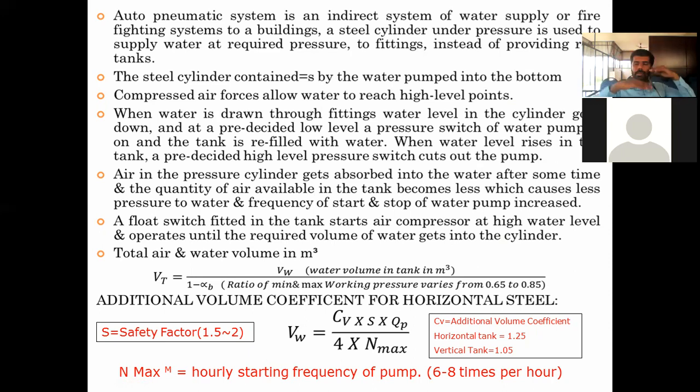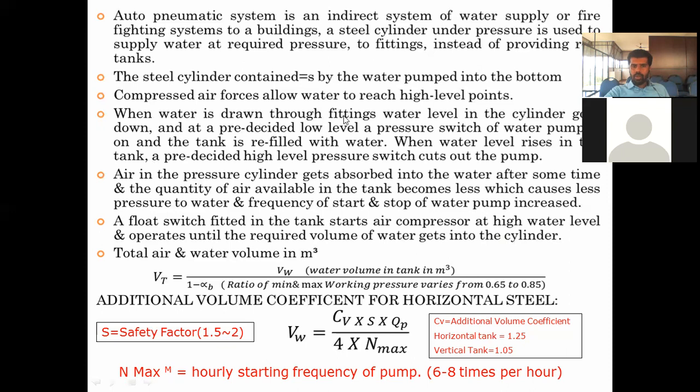You can set the pressure at 6 bar and the low-level pressure switch at 4 bar. So when the water level comes down and the pressure decreases, it will cut in. Or you can set it to a different level. If the water level comes to this much height, you have to stop. When the water level comes to this much height, you have to turn on the pump. You can do it like that.